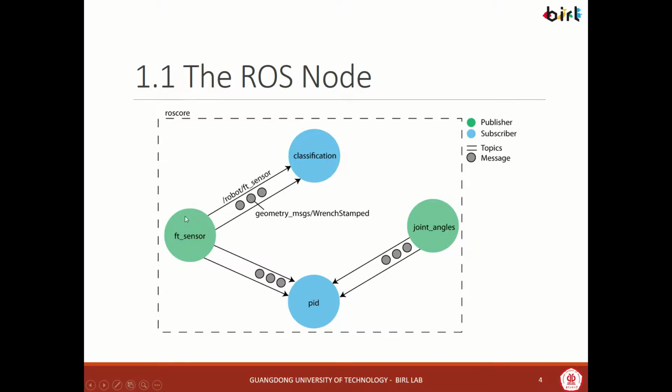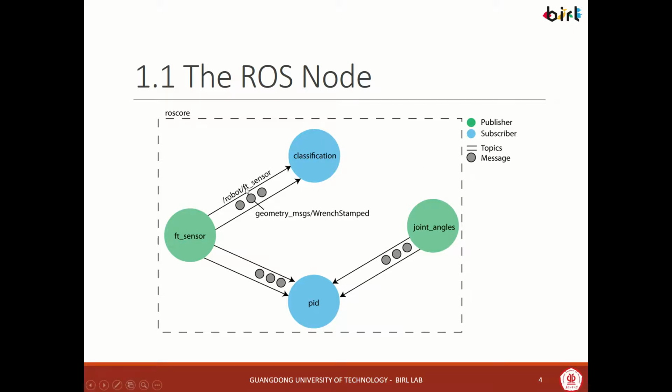So these publication nodes then are going to publish topics, which are seen by these black arrows. In a sense, you can imagine a topic being like a road on the street. And on this road, you're going to have cars going through it. Cars may be these little packets of information that we call messages.